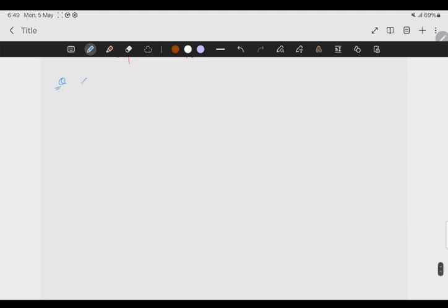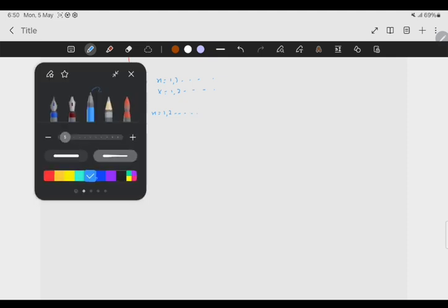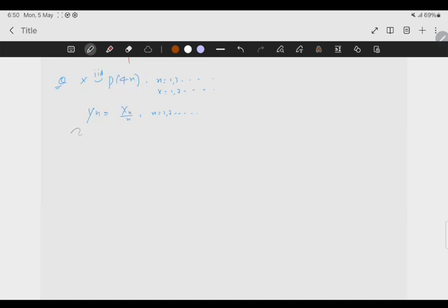The question is, Xn follows Poisson 4n, which are independent, where n is equal to 1, 2, 3 and so on. Then Yn is equal to Xn divided by n, where n is equal to 1, 2 and so on. Clear? Then which of the following is true?